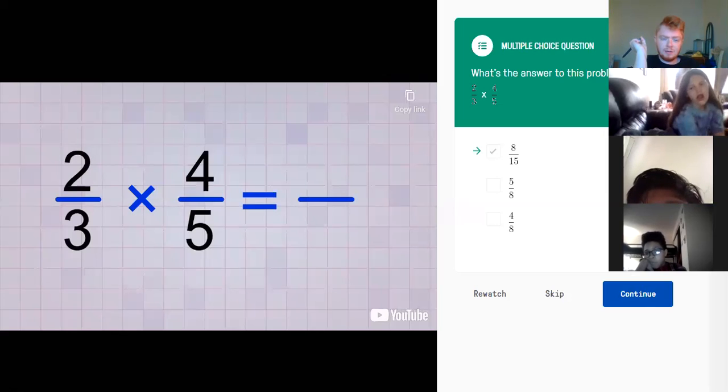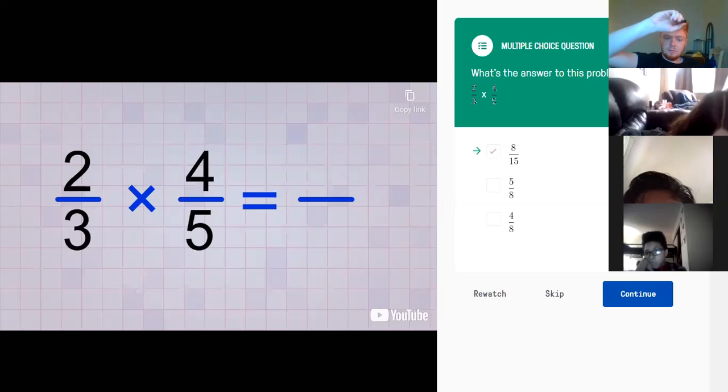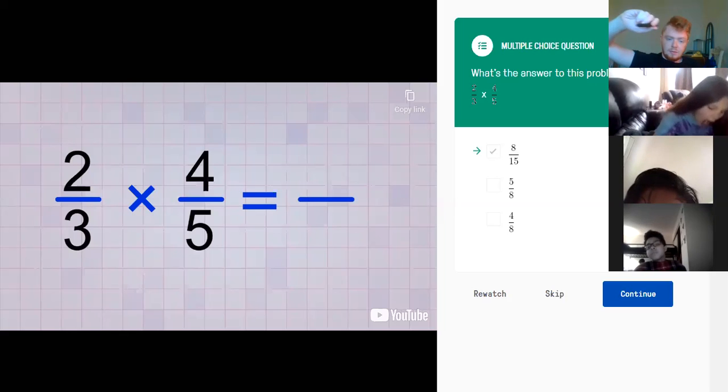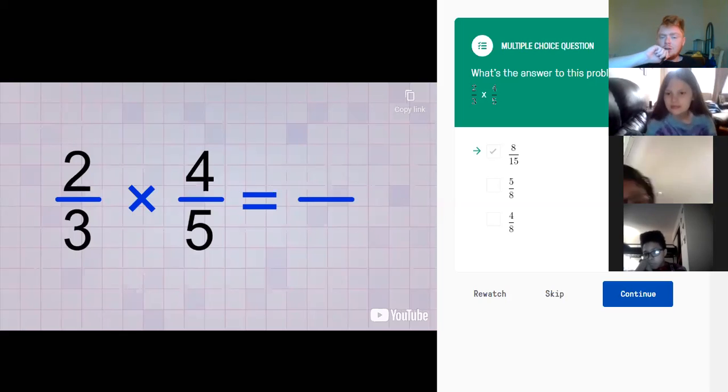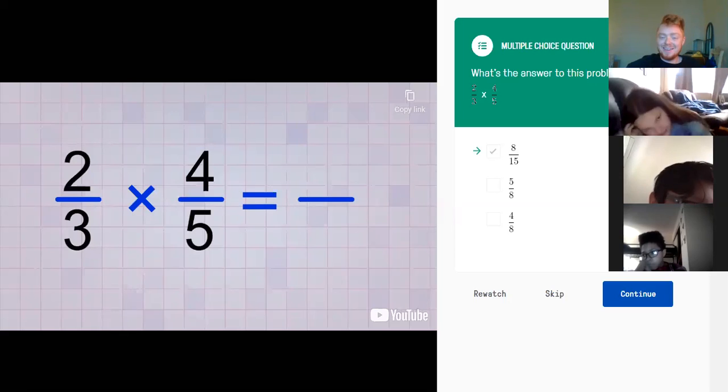Wait, I did something wrong then. I'm pretty sure you just multiplied across because that's what he just told us to do. Right, you multiplied the 2 on top and then the 2 on bottom. Sorry about that. No, you're fine. I was just confused. I was like, how did you get the right answer but do it the wrong way? And I was like, there's no way.